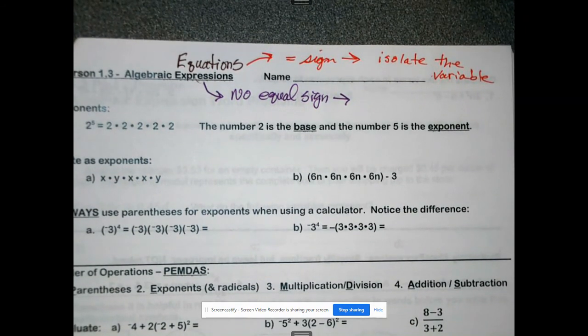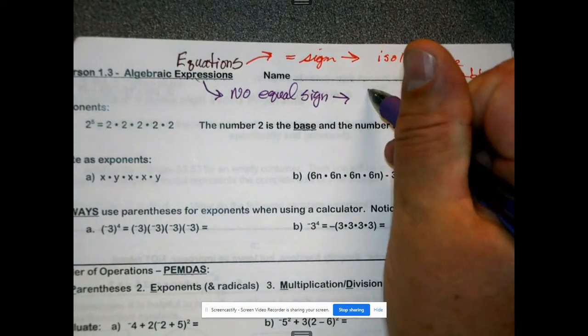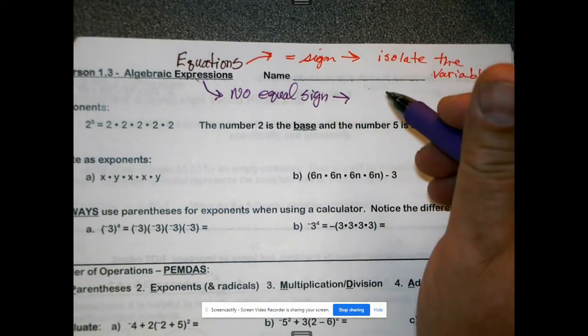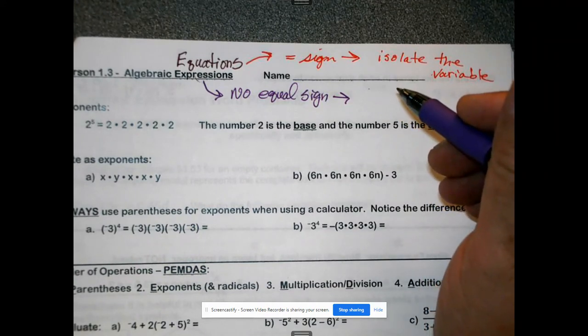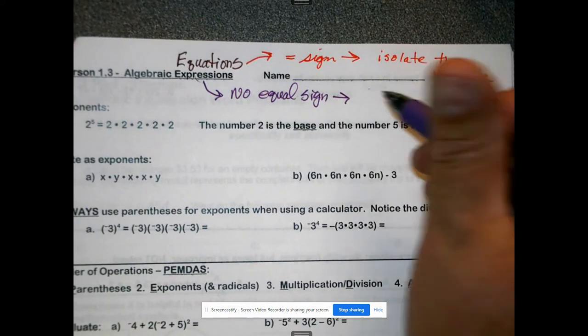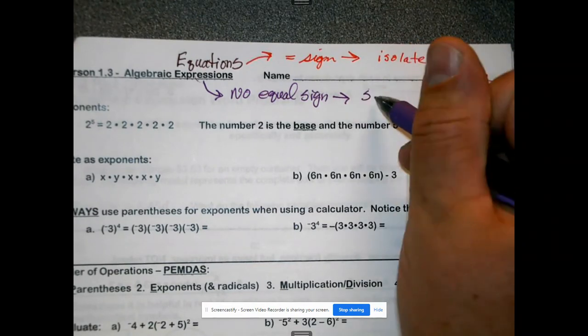But there's no equal sign, so you're not looking to solve it. What you want to do with expressions is just make sure they're simplified, in their simplest forms. So you want to make sure you're combining like terms, adding the numbers together, multiplying. So you're simplifying the expression.